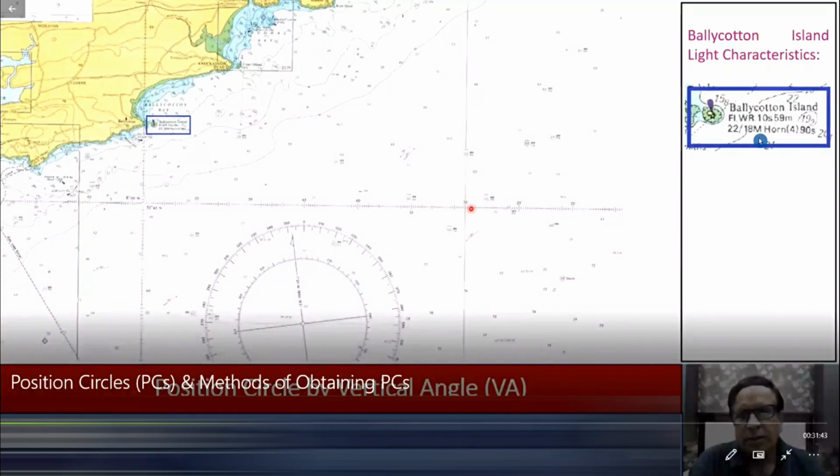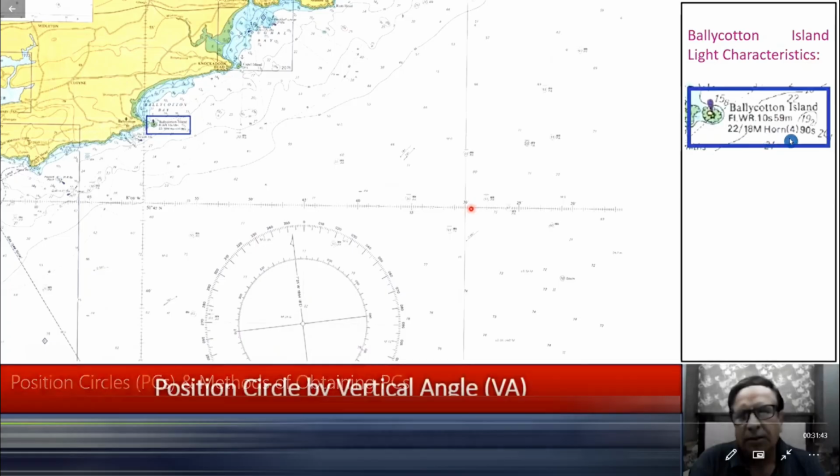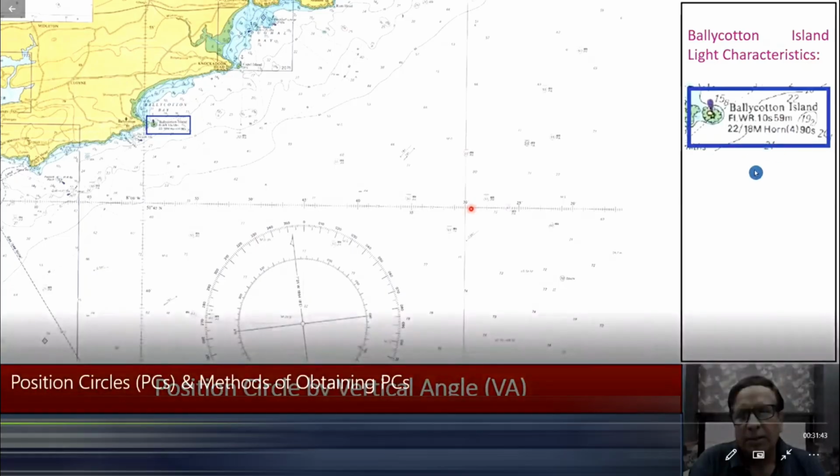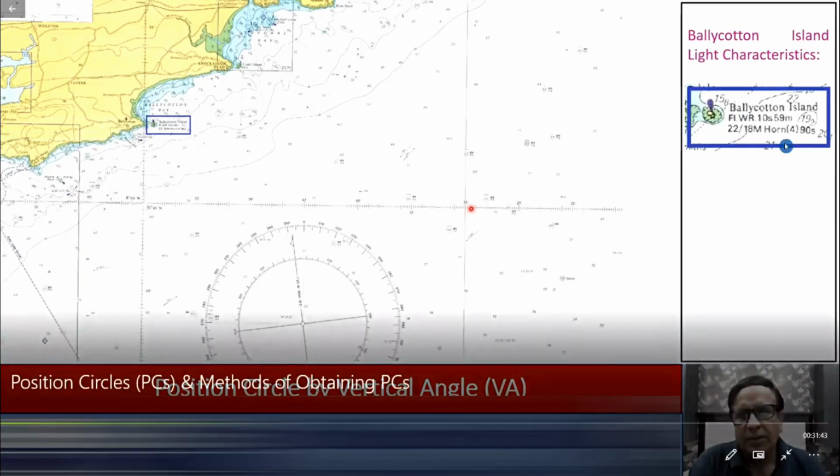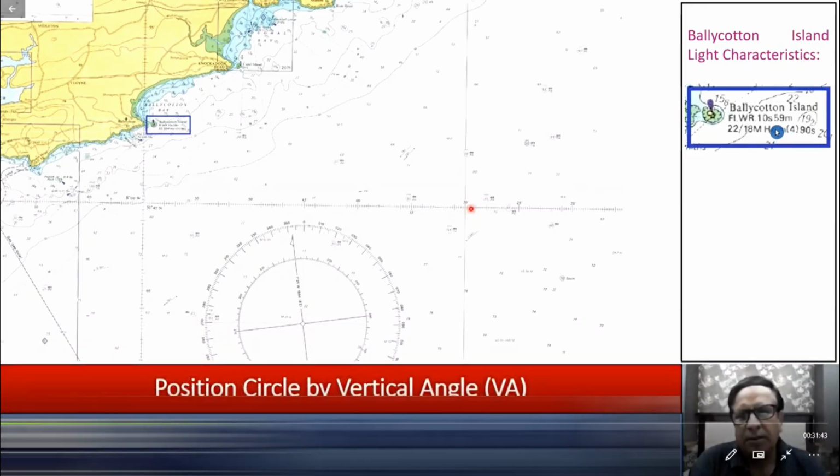Okay, so we can see the characteristics of the light on the screen now. Can you tell me what is the height of this light, beta? The light is 59. 59. Very good. So that's 59 meters.